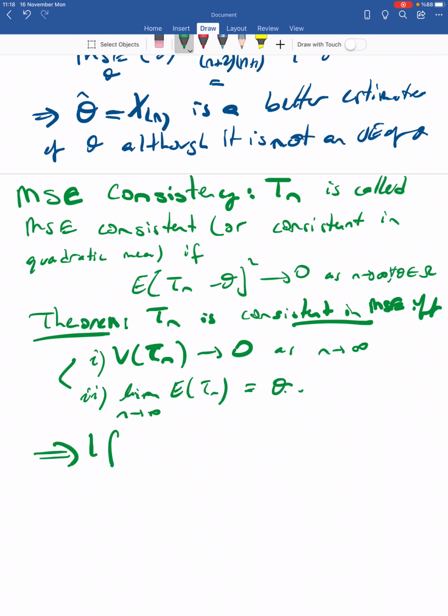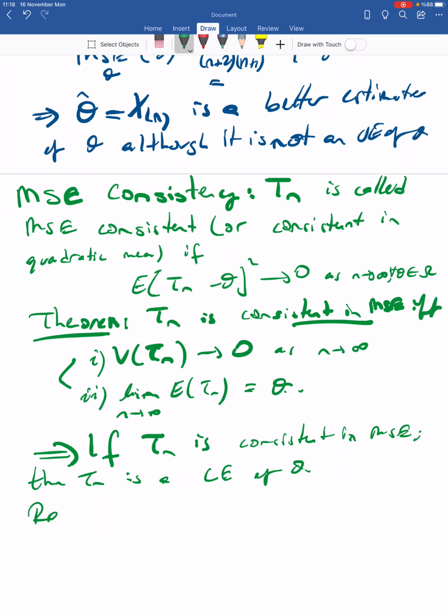Okay, so if Tn is consistent in mean square error, then this also means that Tn is a consistent estimator of theta.